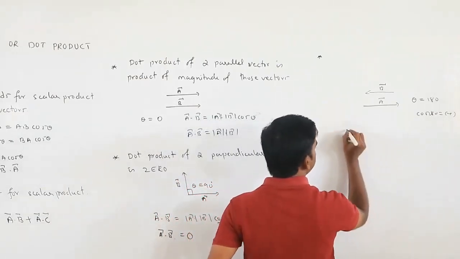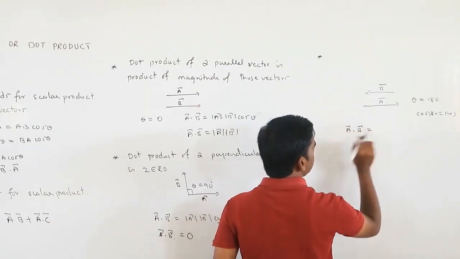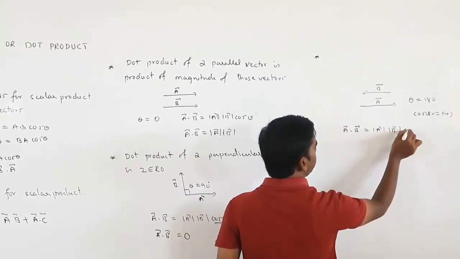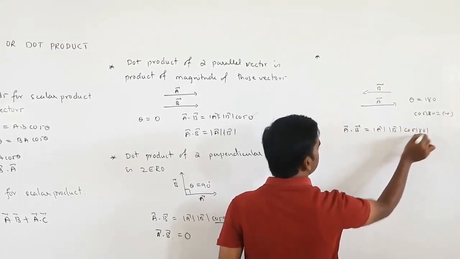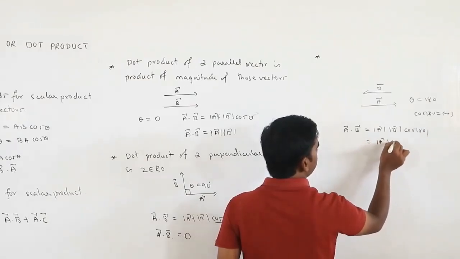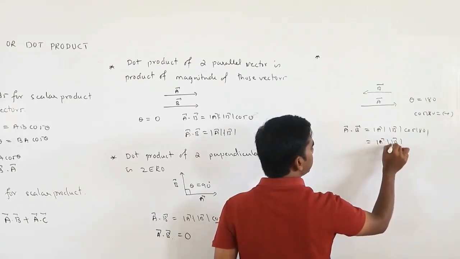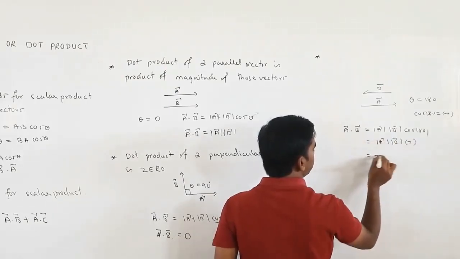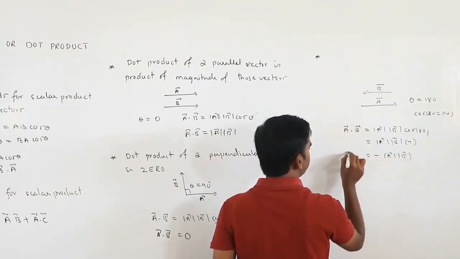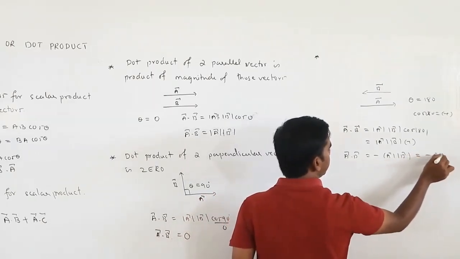So vector A dot vector B equals magnitude of A, magnitude of B, cos of 180. This will become A, B, and cos of 180 means minus 1, so you will get negative of magnitude of A and magnitude of B. Simply you can write minus AB.